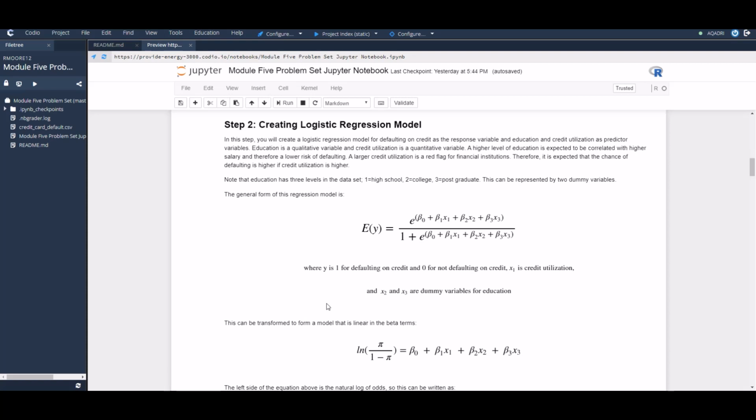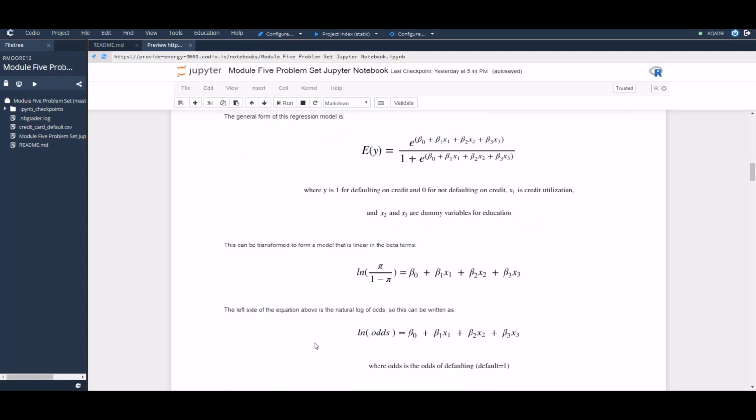That's a result of rearranging this equation and getting rid of the exponents. When you do the conversion, you're left with this equation. And the left side of this equation is the natural log of odds. I'm sure you've heard of what odds are, and this is exactly what that is.